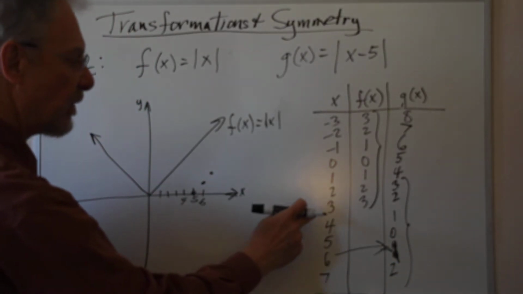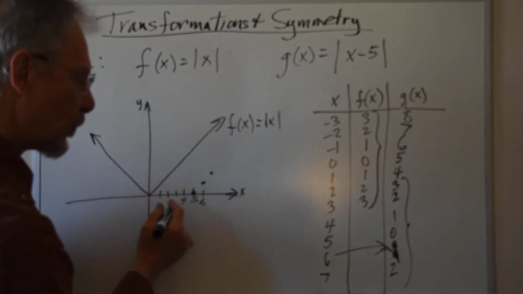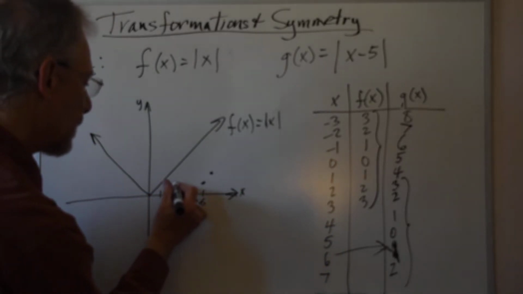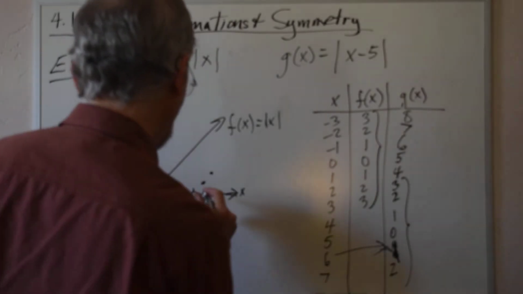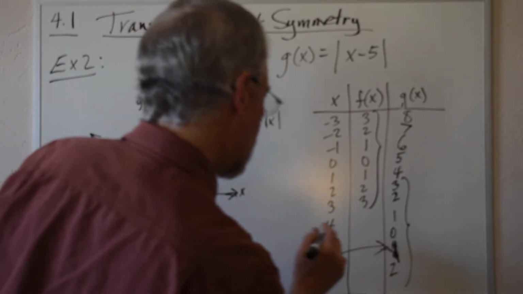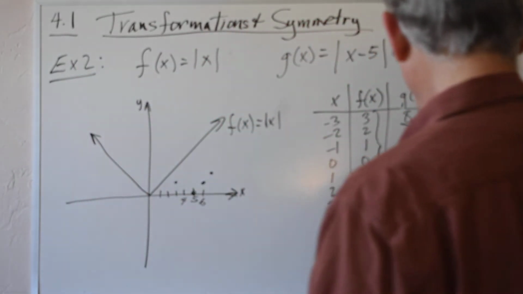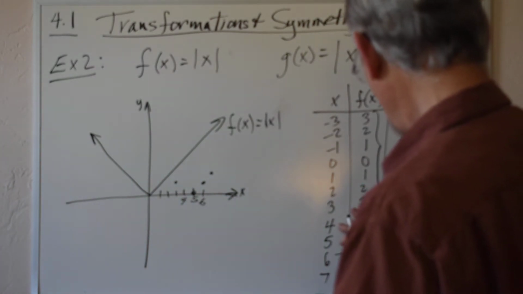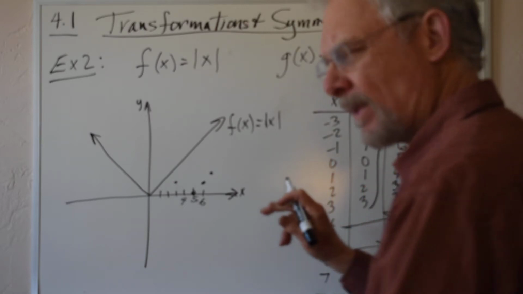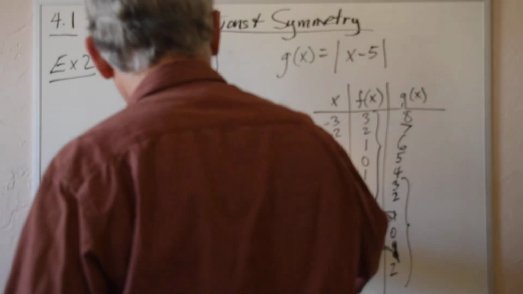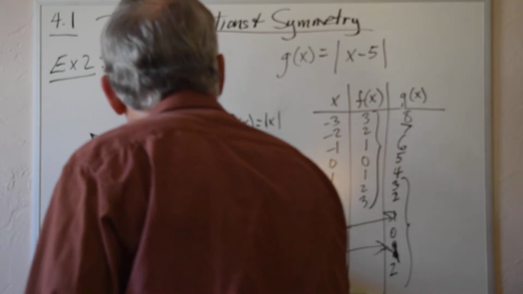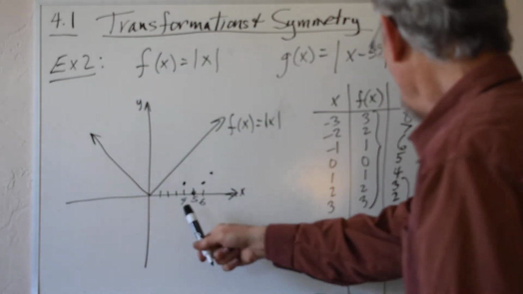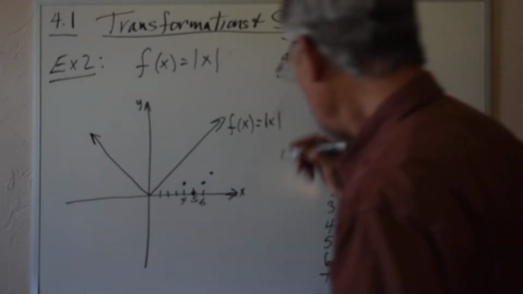In the other direction, as we go to 4, we get 1. It's hard to read this table from the side, I'm finding out. At 3, we get 2.